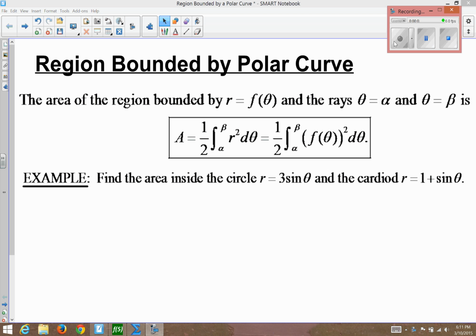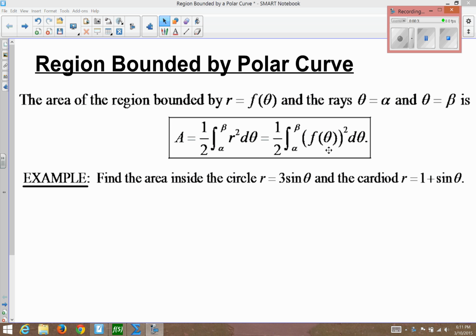Well, this is the last video, region bounded by a polar curve. The area of a region bounded by r equals a function of theta, and the rays theta equals alpha and theta equals beta, is 1/2 the integral from alpha to beta of r squared d theta.